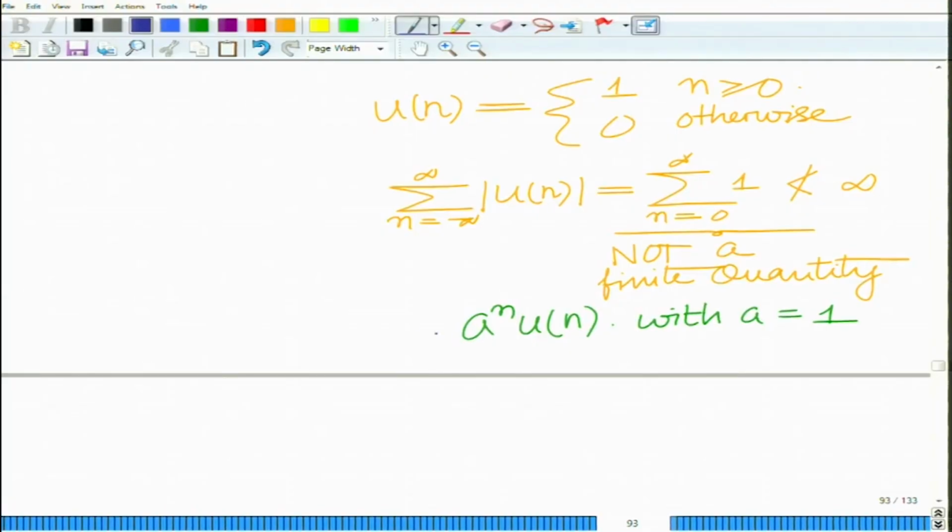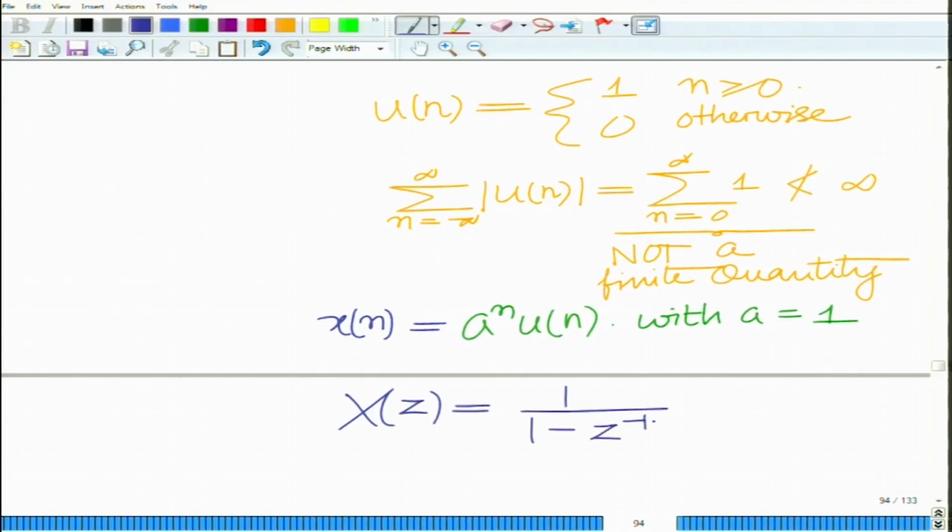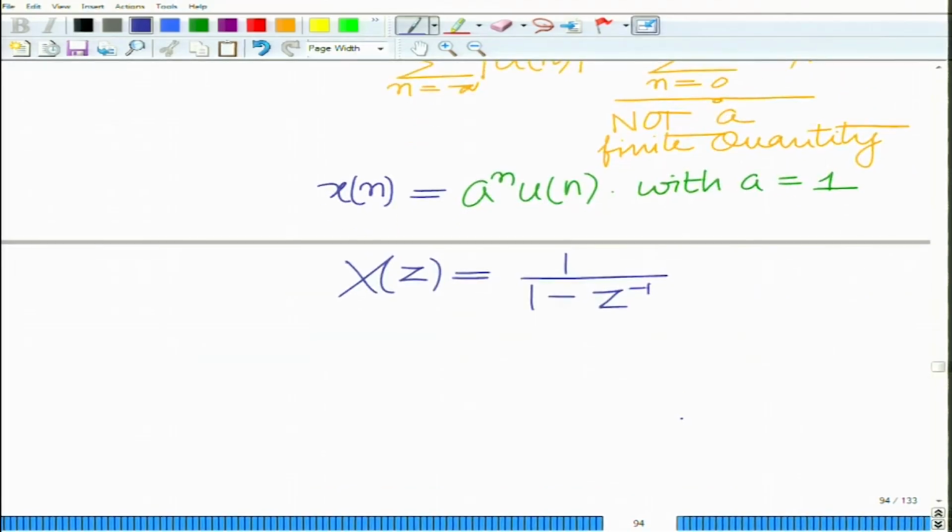So, if I look at x n, X z with a equal to 1 becomes 1 over 1 minus z inverse, and the ROC of this, magnitude of z greater than 1, does not include the unit circle.